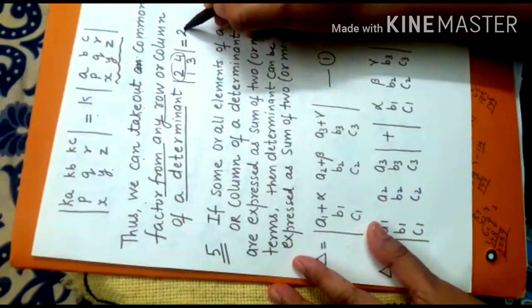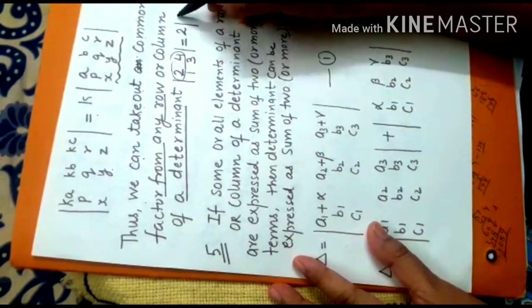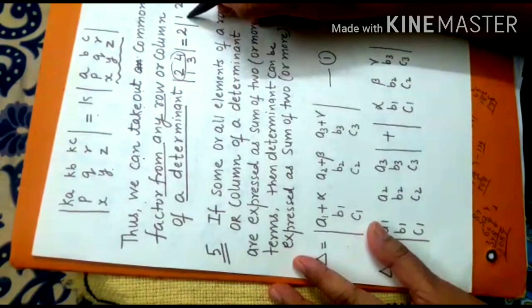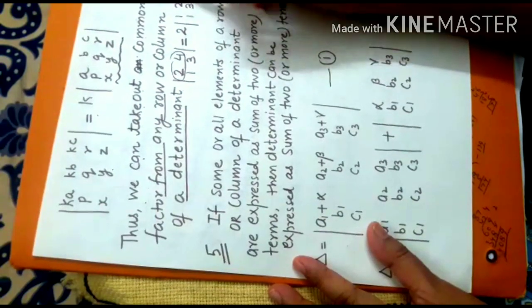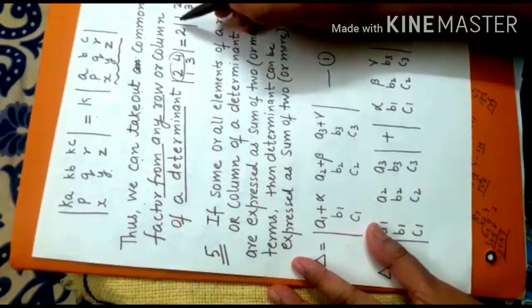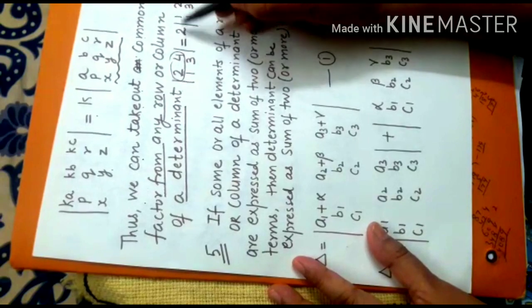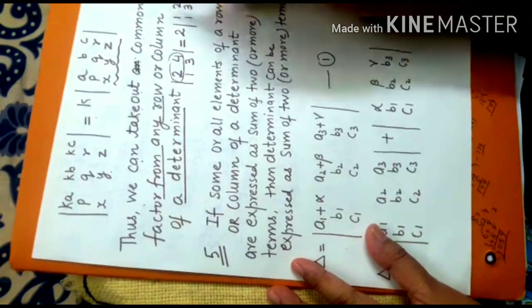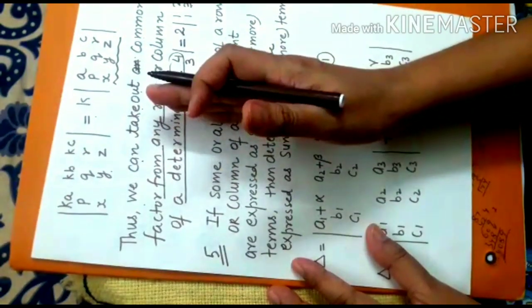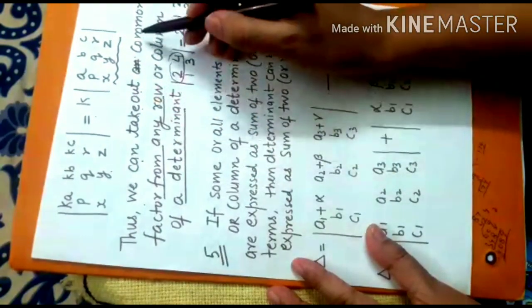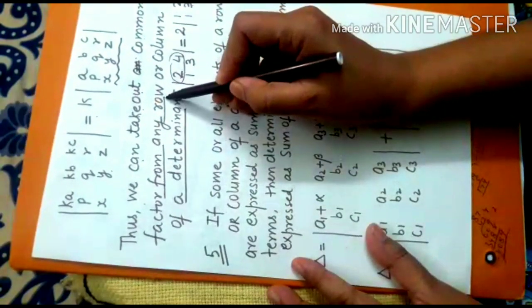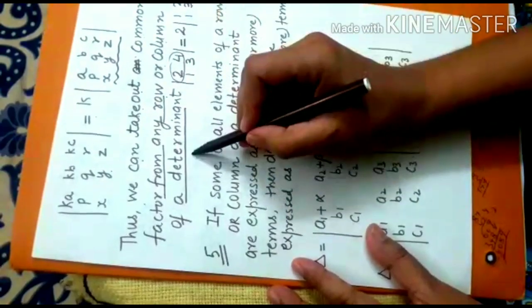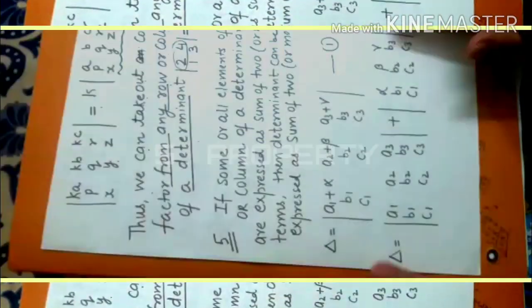So I have taken 2 out, and the first row will become 1, 2. The second row will be the same, because I have taken the factor 2 common from the first row. So the fourth property allows you to take out a common factor from any row or column of a determinant.